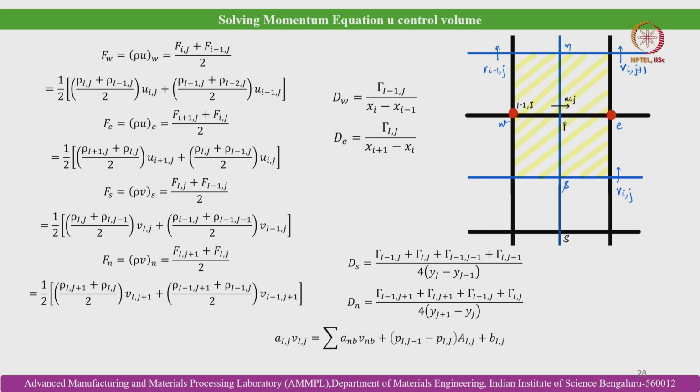This is for F_iJ for this face, this point, and then we are calculating in the west face. So then u_I-1,J. Here this point has to be there, so then it will be I-1 capital J. So here this point will be u_i, this is small i and this is the capital J.